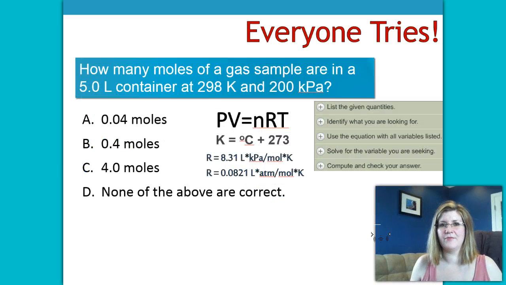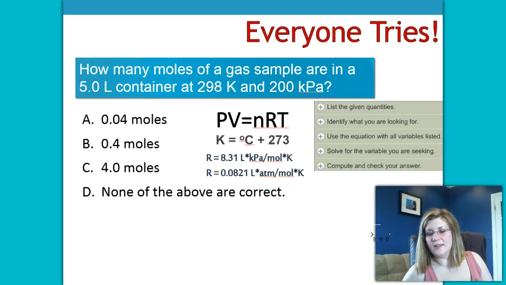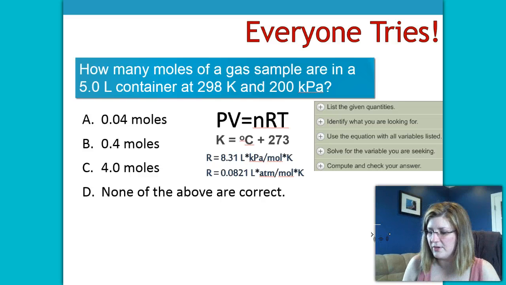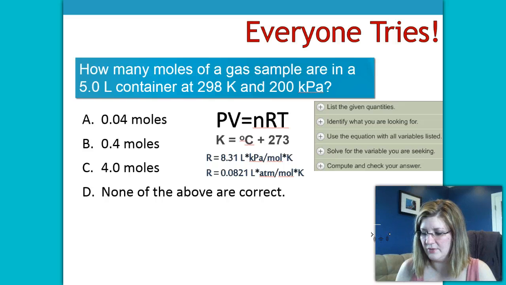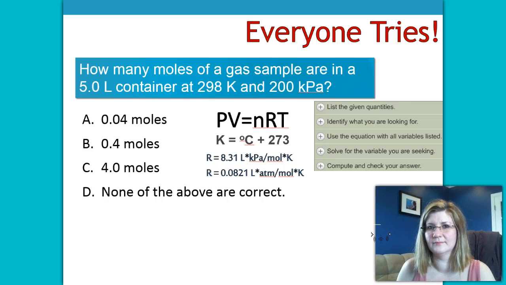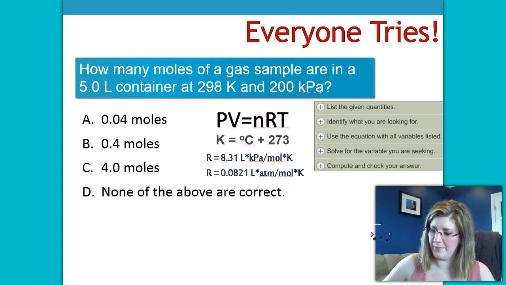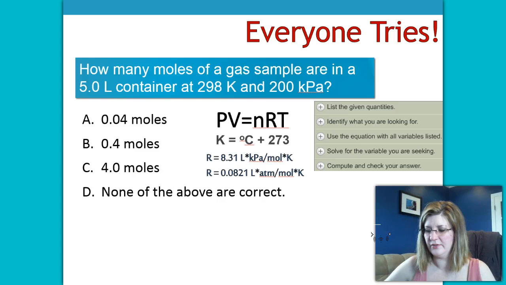Now, try one yourself. This is just like we would do in class. Read through the problem, identify your unknowns, and log your answer. Okay, how many moles of a gas are in a sample in a 5-liter container at 298 K and 200 kilopascals?